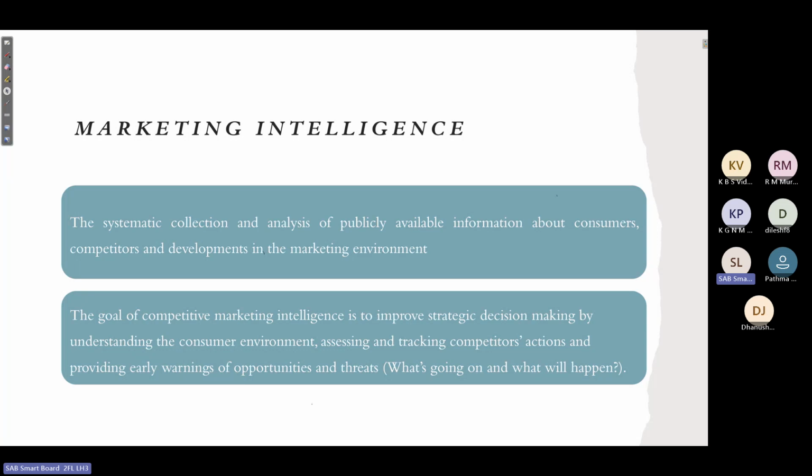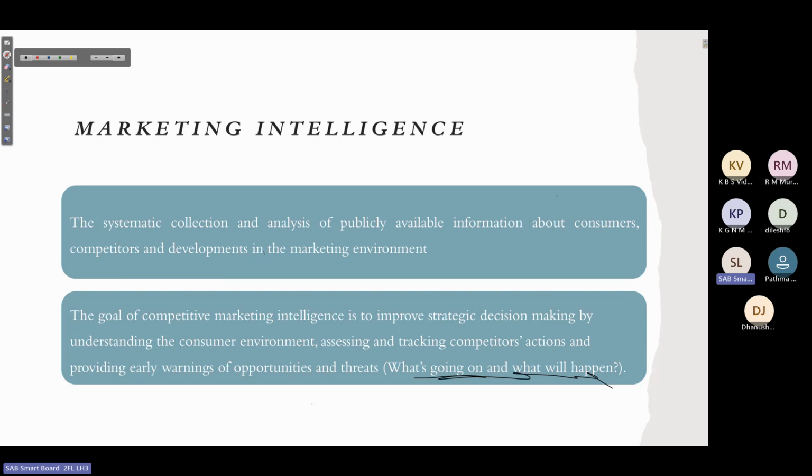It provides information about the current situation, and it might provide the trends, threats or opportunities that we can have in the future for our organization. So this provides information on what is going on and what will happen. These are the kind of information that marketing intelligence is providing.